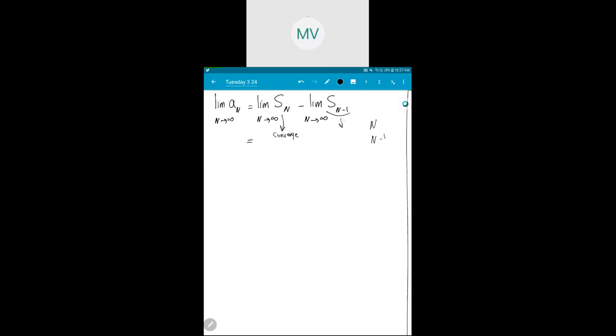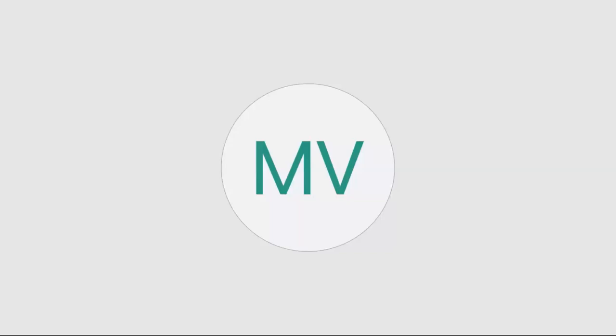So what about the sequence S sub n minus 1? Do you think that one converges too? Yes. Now, here's a question. Do they converge to the same value, or they don't?